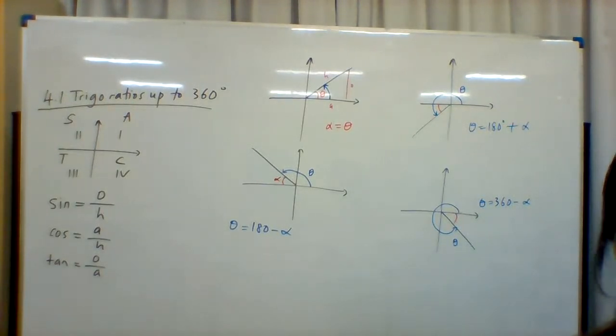It could not only be an acute angle, it could be an obtuse angle, it could be a reflex angle. So in order to get the value of that theta, we use the corresponding acute angle to get it. No, basic angle is not the same as theta except for in quadrant 1.